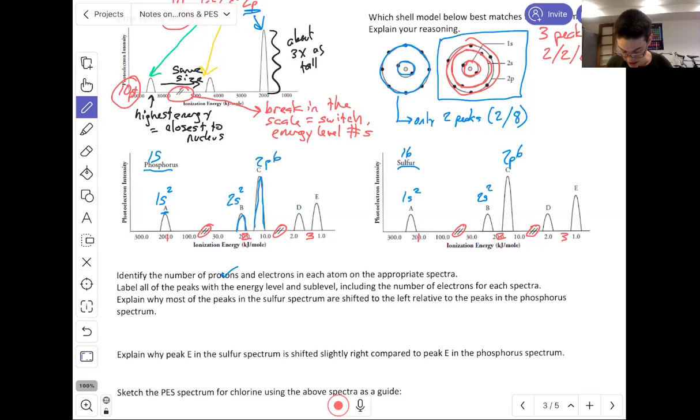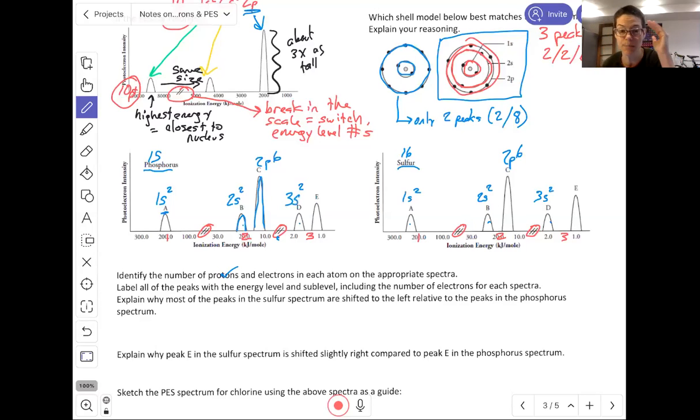And again, I'm noticing that A and B and D are all the same size on all of these. So when I see another set of breaks in the line, and I know I switched to a higher energy level, so I've got a set of line breaks, which is telling me I've gone up to 3, but the size of this D peak is the same as the A and the B, which means it's also an S2.